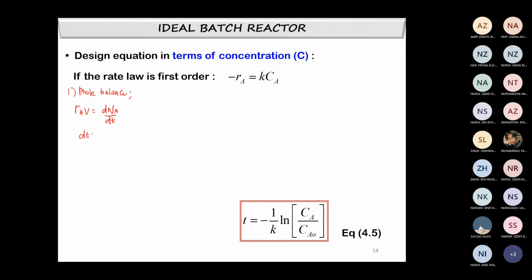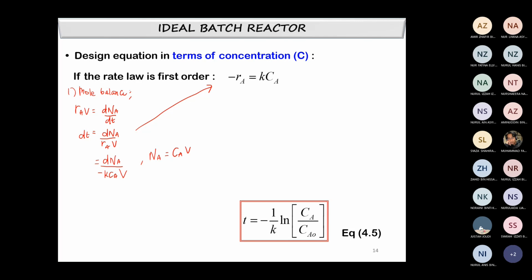So dt is equal to dNA over rAV. This is the first order, so you just replace rA here with this one. So it becomes dNA over negative kCA times V. As I told you before, NA is equal to CAV.